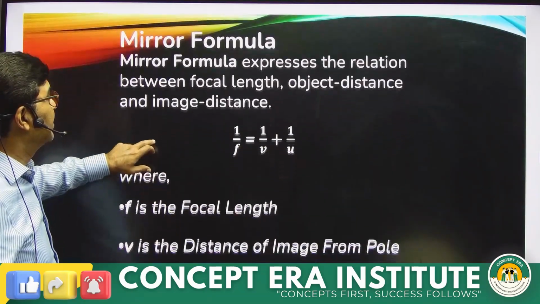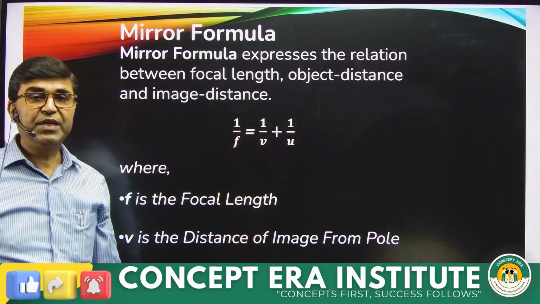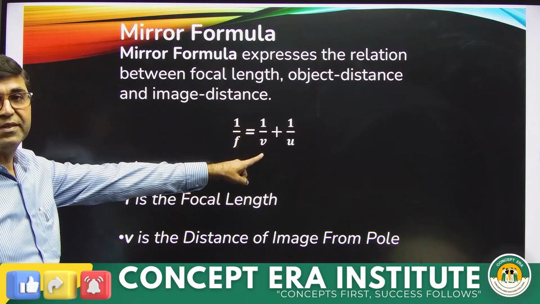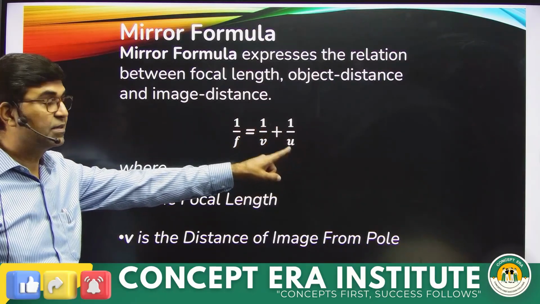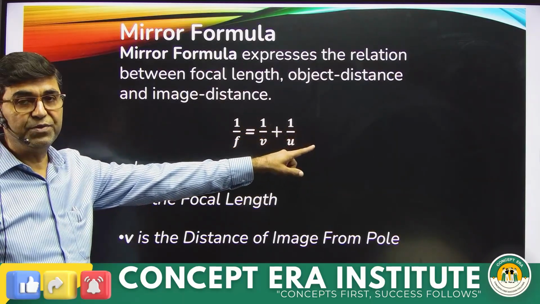Now come to the mirror formula or the mirror equation. f is the focal length, v is the image distance, and u is the object distance. 1 by f equals 1 by v plus 1 by u.